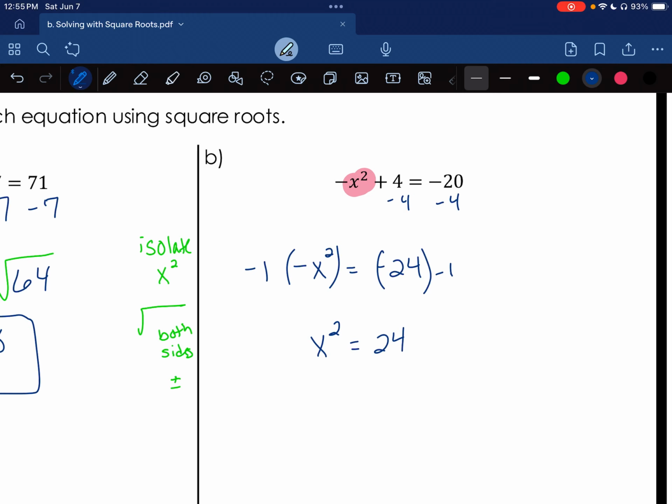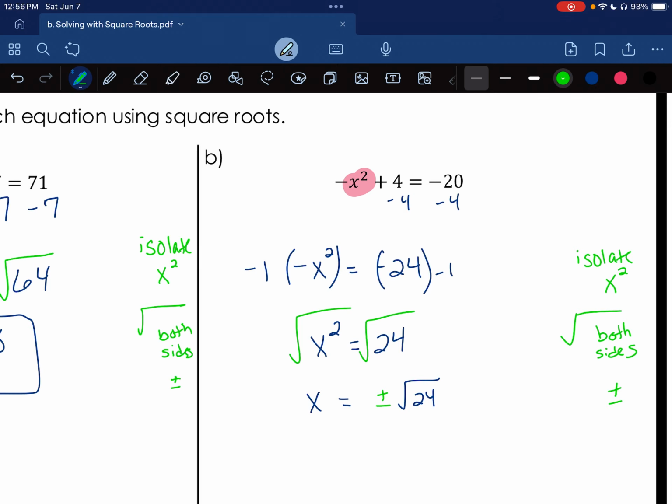All right, and so all of that we were doing was to isolate, again, that squared term, that x squared. Now we're going to square root both sides. All right, so now I've got x is equal to, I'm not going to forget plus or minus, the square root of 24.